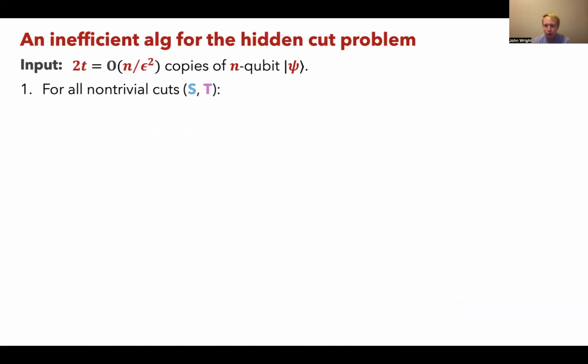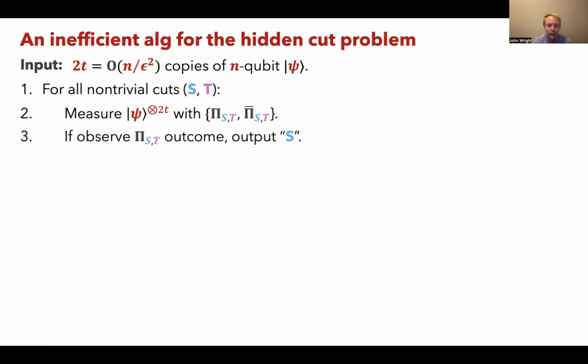For every non-trivial cut S and T, non-trivial means both S and T are non-empty, we measure our 2t copies of psi with this projective measurement that tests if S and T is the correct cut. If we ever observe the first outcome, the pi S,T outcome, then we output that S is the cut. Otherwise, we just go to the next cut in the loop.